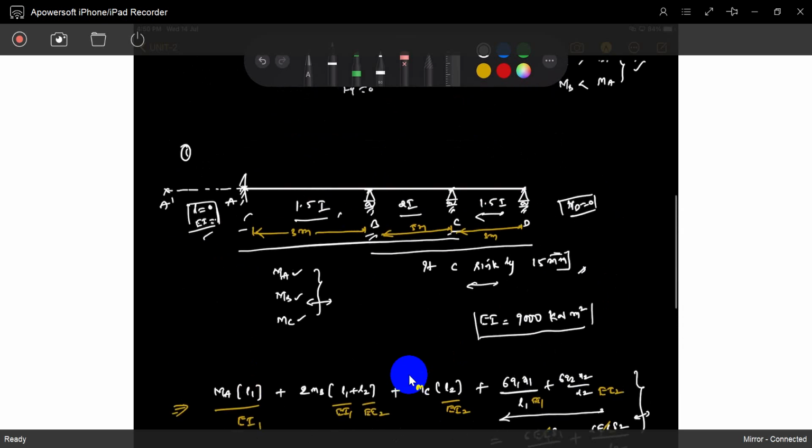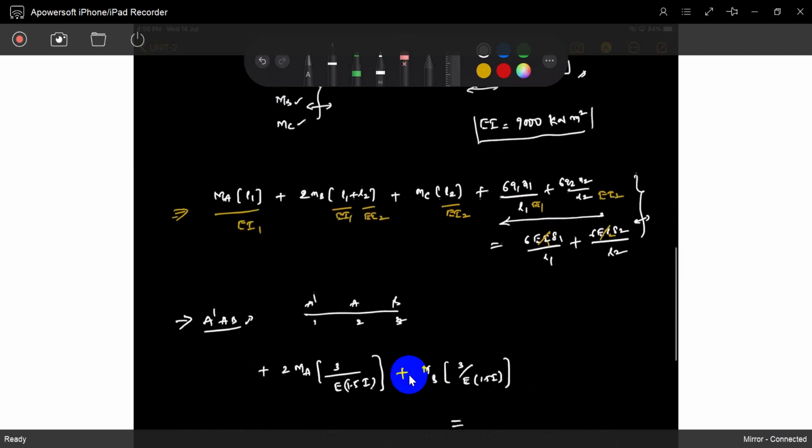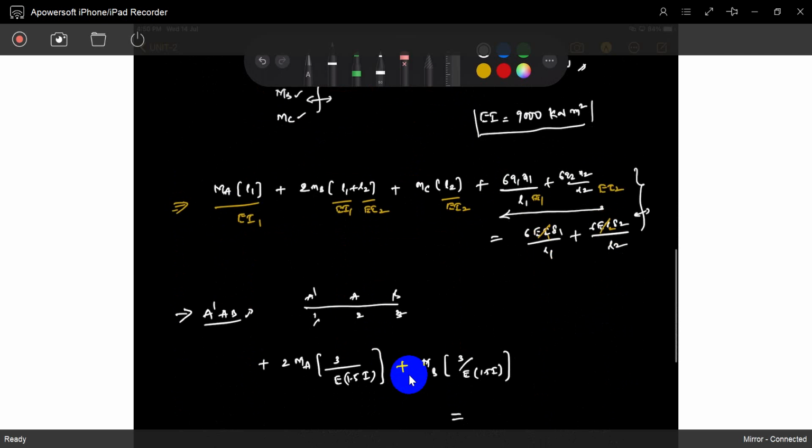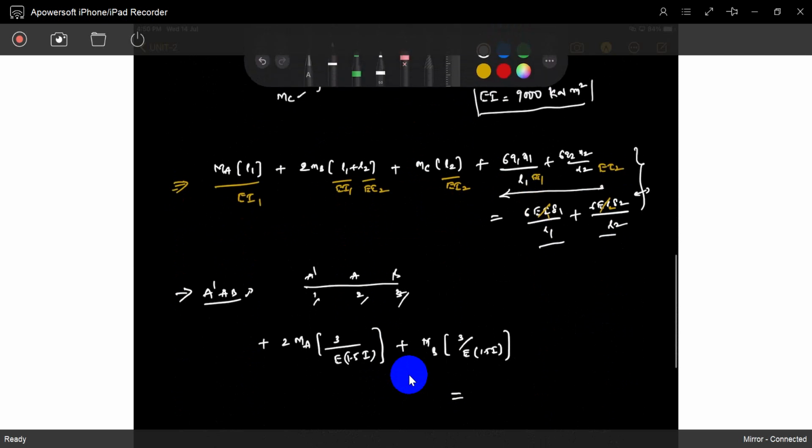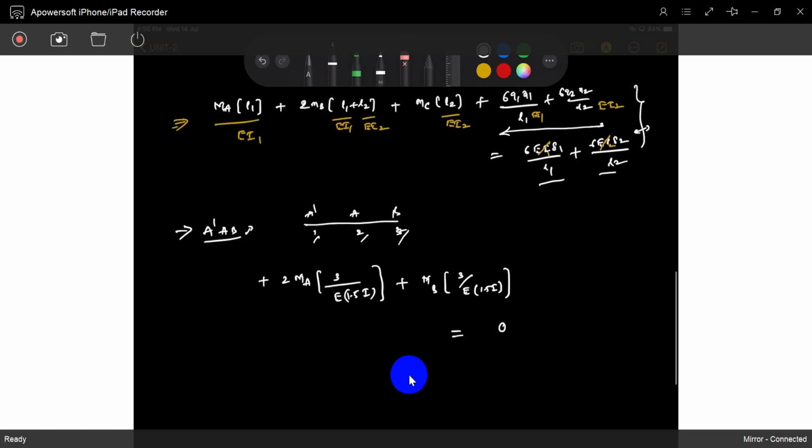What is sinking? Only C is sinking. A dash is an imaginary support. A is not sinking, B is also not sinking. So delta 1 and delta 2 are also 0, because only support C is sinking, not B, not A. So these are also 0.